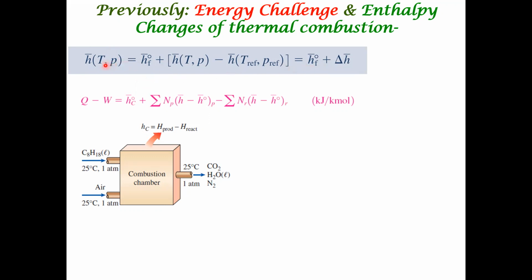Okay, so how do you write the enthalpy of a particular chemical component? It is related to the enthalpy of formation, and then there is the delta H term. So how do you convert from the standard state of a compound, let's say water, liquid at 25 degrees centigrade and 1 atmosphere, how do you convert that to vapor?